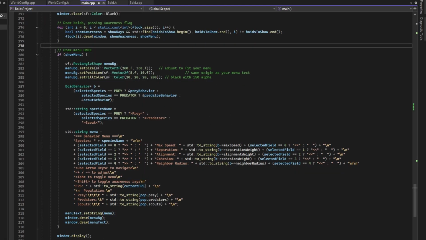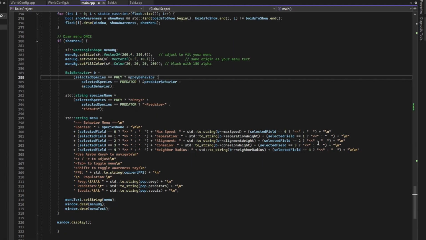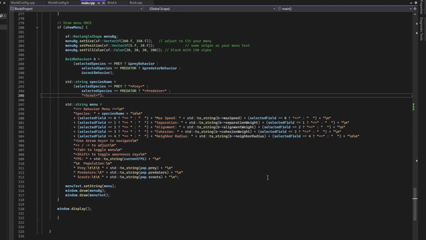So this is if show menu is true, and that's that variable we had before, and we can toggle that with tab. Well, if it's true, then it will display either prey, predator, or scout in the selected species.